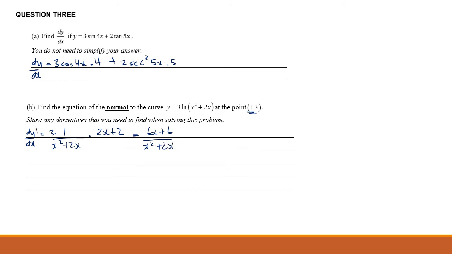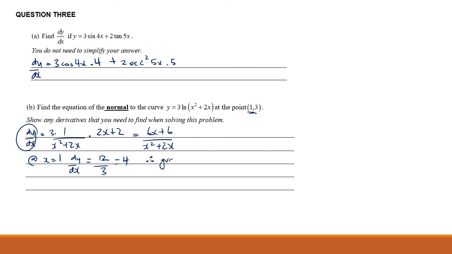That's the gradient of the tangent. Okay, so at x equals 1, dy by dx is going to be 6 plus 6, which is 12, over 1 squared plus 2, which is 3, which is 4.